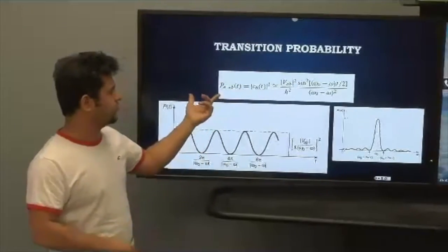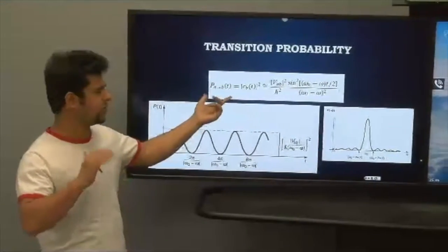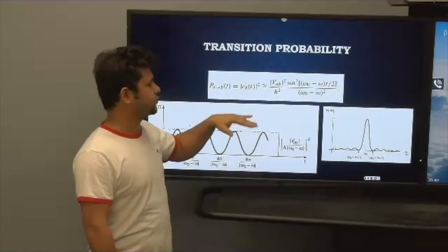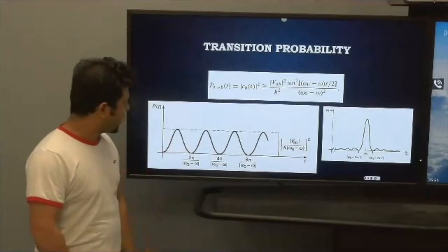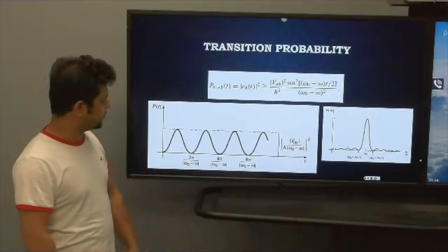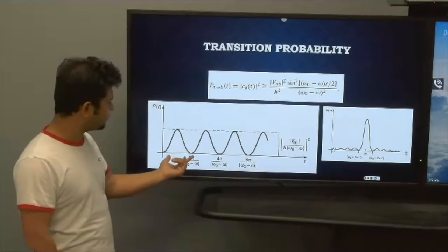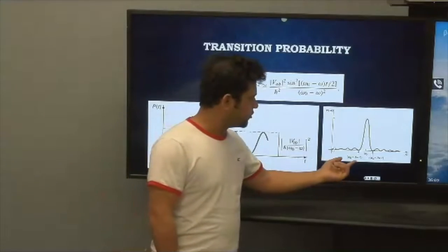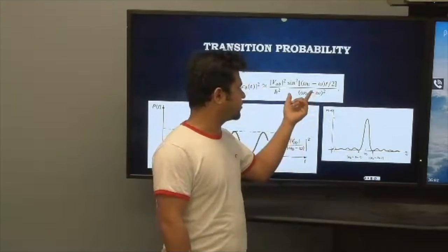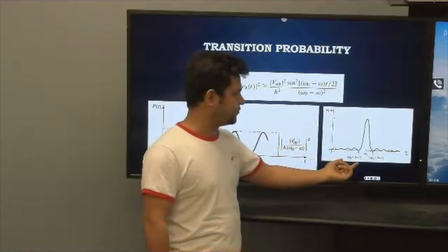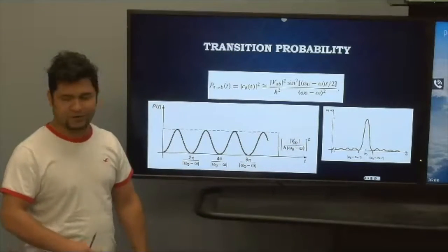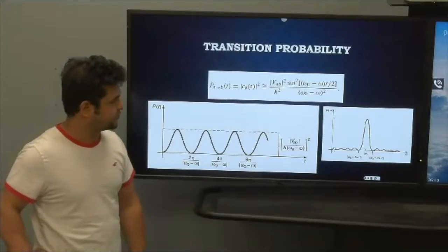After the solution, from the population of the ground state and the excited state, we get a transition probability from the ground state to the excited state. This is the geometrical representation of the result, based on time with the populations, and this is with the energy difference, known as a sinc function, I guess.